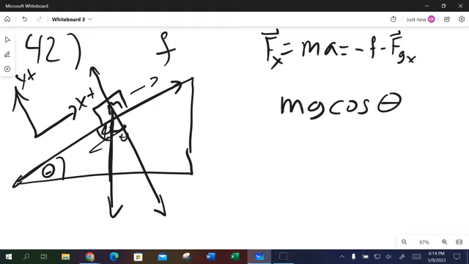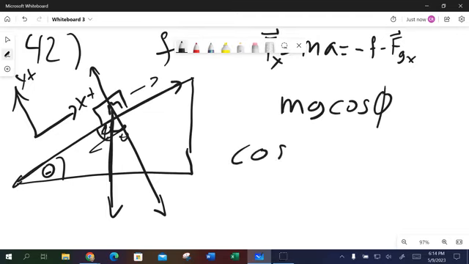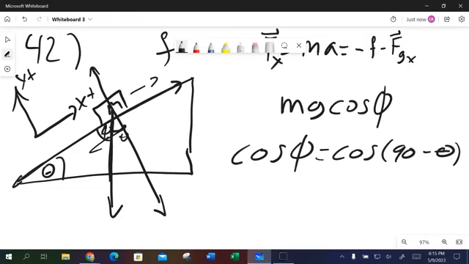So what it's actually going to be is mg cosine of phi. Cosine of phi is going to be equal to cosine of 90 minus theta. And using our trigonometric rules, cosine of 90 minus theta is equal to sine of theta.